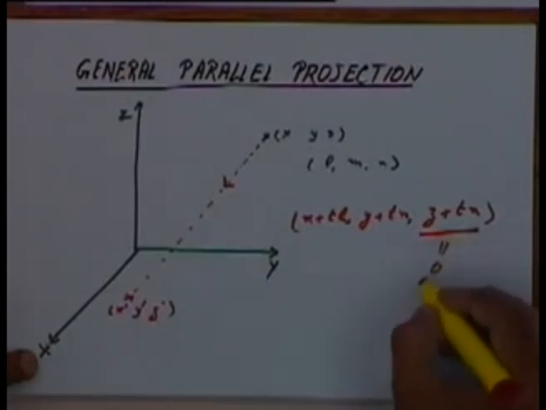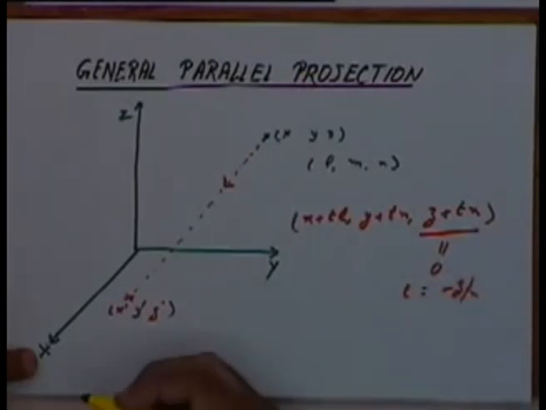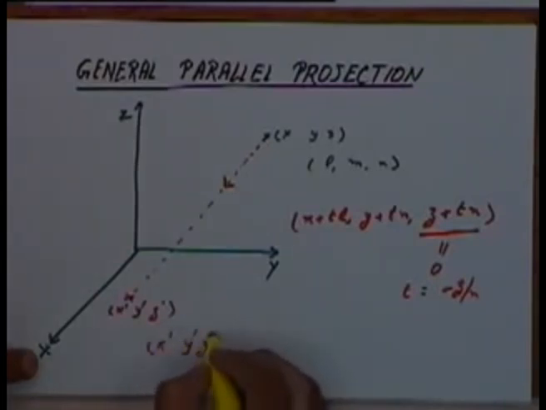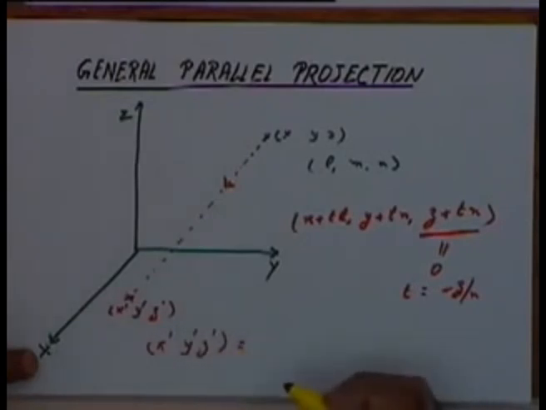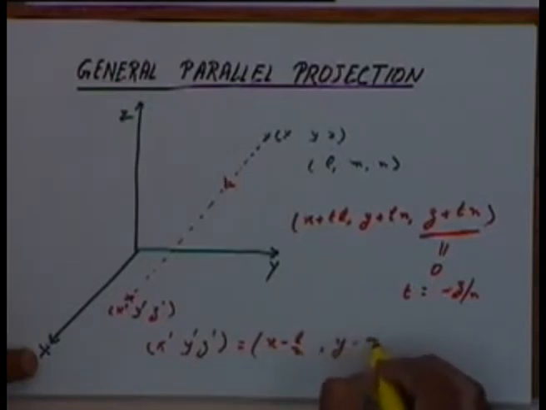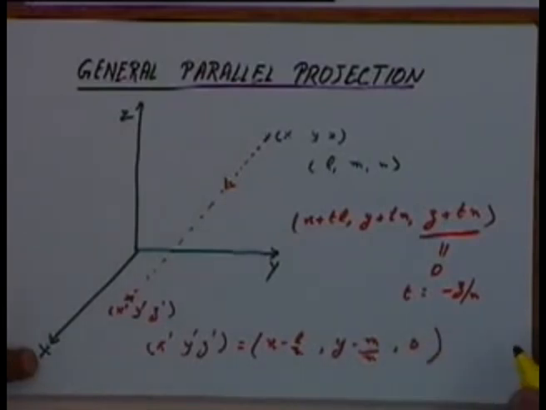If this has to be equal to 0, t is equal to minus z by n. So the point x prime, y prime, z prime will be equal to x minus Lz by n, comma y minus mz by n, and 0. All that I have done is put t equal to minus z by n over here.